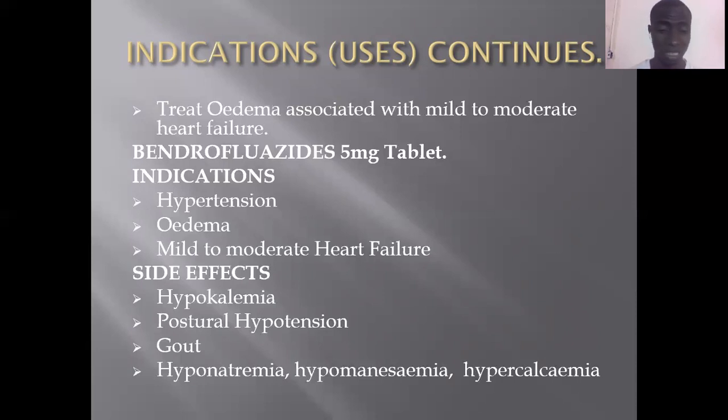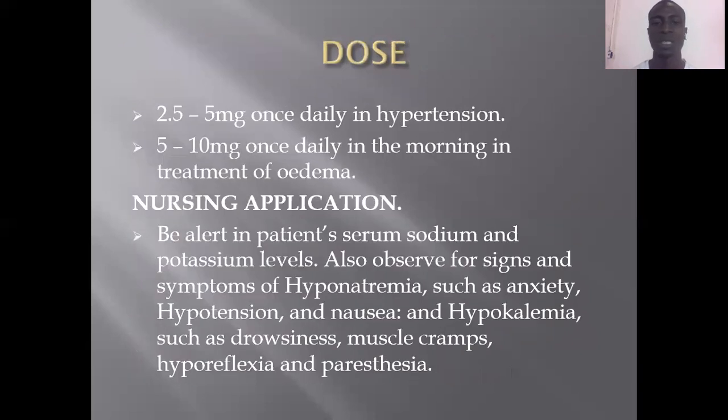So what usually happens is there's hyponatremia, there's also hypomagnesemia, so there's reduction in magnesium levels, and also there's hypercalcemia. Calcium becomes very high when you are taking this medication.